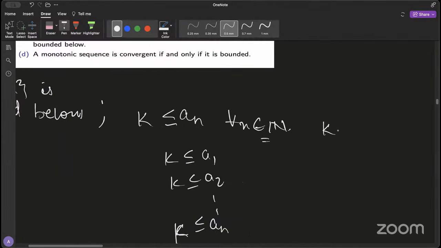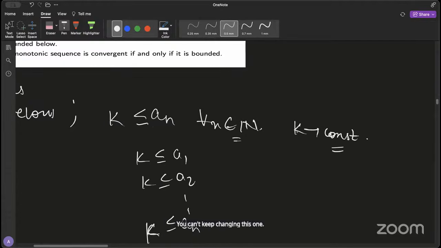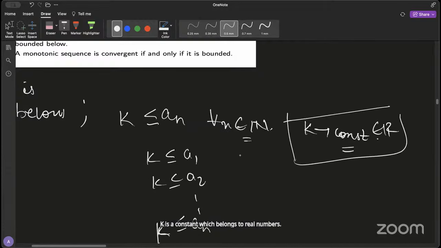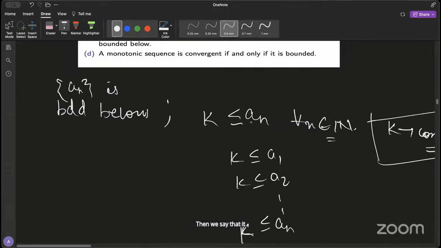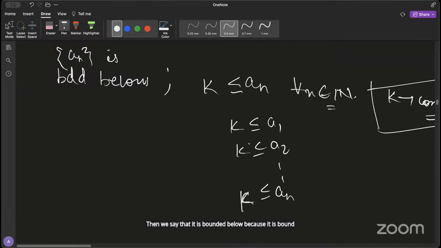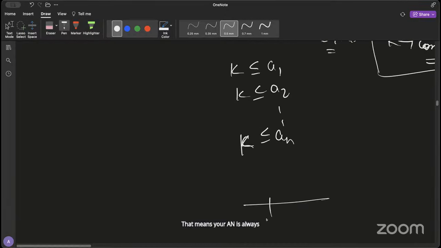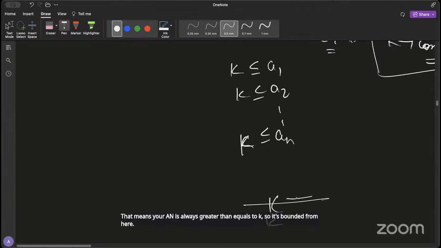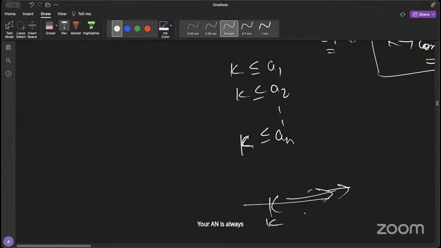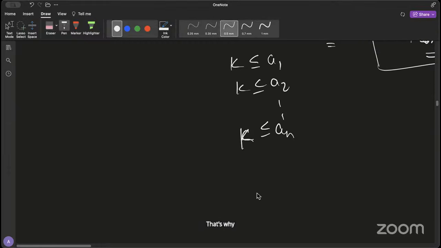And k is a constant. You can't keep changing this one. K is a constant which belongs to real numbers. Then we say that it is bounded below because it is bounded from the lesser side, right? Your An is always on this side, on the real line. That's why we say it's bounded below.